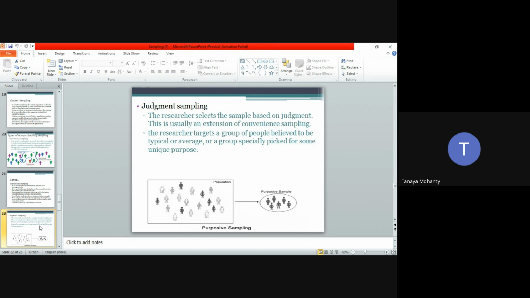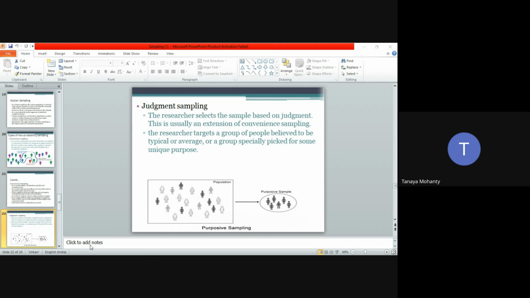For example, I will say that I need to interview some of the best singers of the state, or I need to interview some of the singers who are present in the classroom. For that, I cannot just go for a lottery method or any other method.